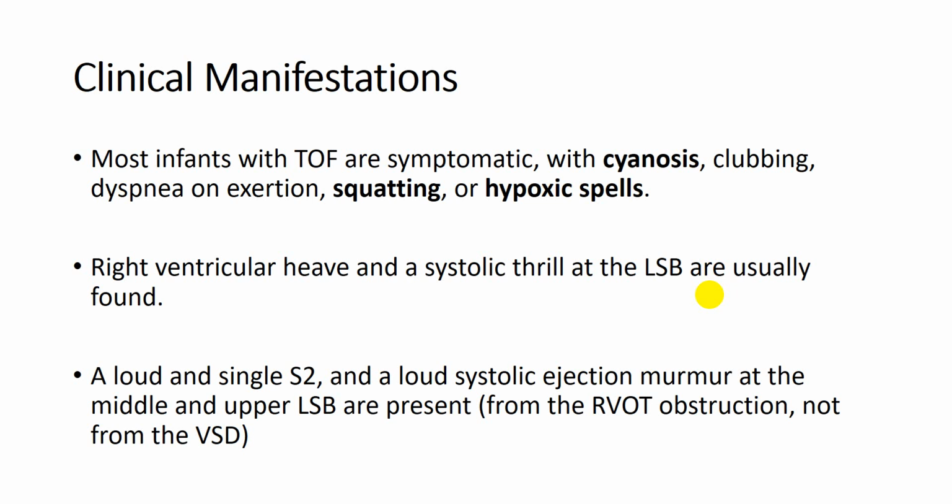Right ventricular heave and systolic thrill at the lower sternal border are usually present because of RVH. A loud single S2 and a loud systolic ejection murmur at the middle and upper left sternal border are present. The source of the murmur is not the VSD. The source of the murmur is the RVOT obstruction or pulmonary stenosis. Why?